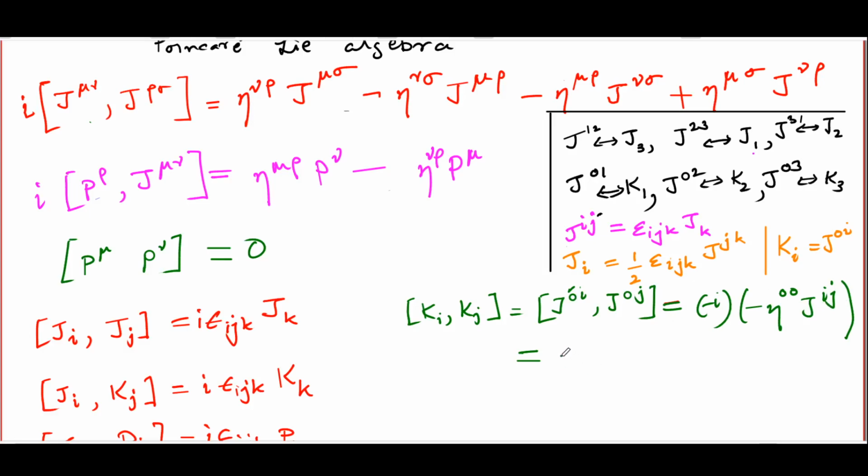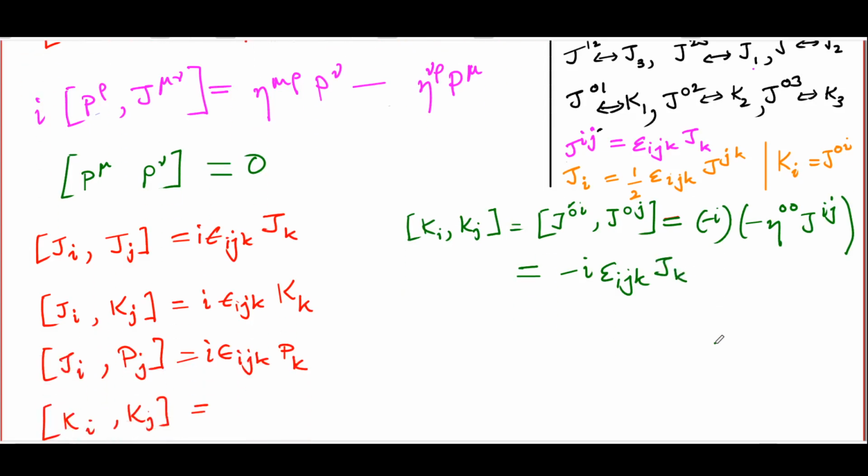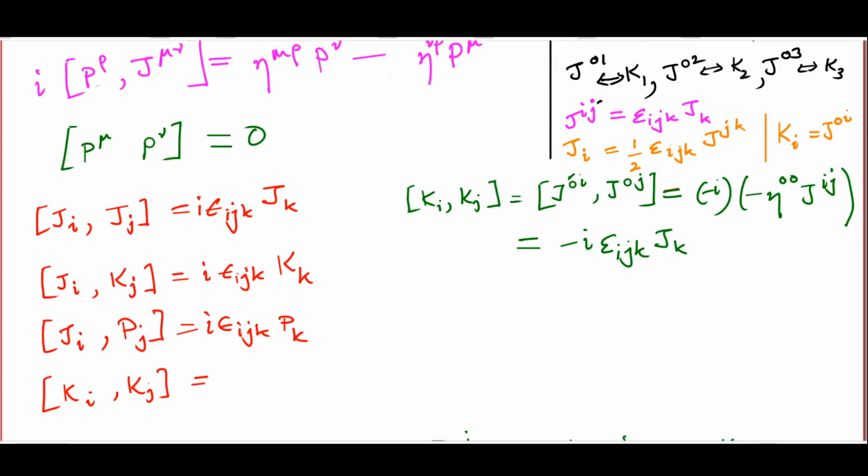So this is actually minus I, the minus coming because of the fact that eta 0, 0 is minus 1, and jij you can of course write as epsilon ijk jk. So our commutation relation, the one we wanted to work out, is given by this.